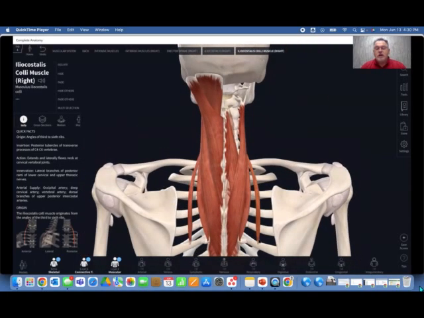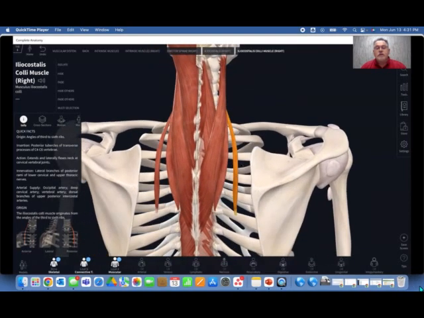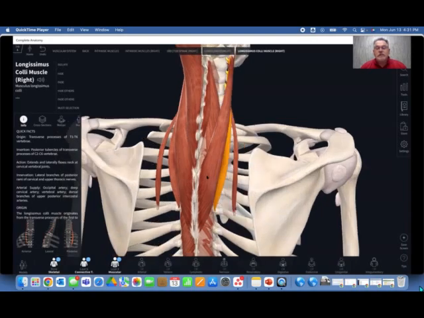So you see there, for iliocostalis, the origin is off the angle of the 3rd to the 6th rib. So its origin is down low on the rib cage, as well as longissimus. Let me bring that one up. So longissimus, again, the origin is the transverse processes of T1 through T6.